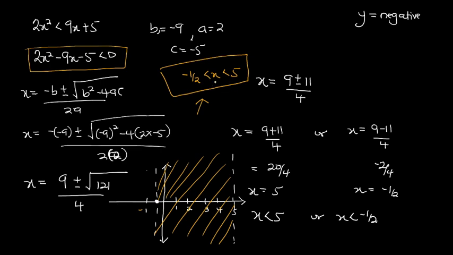All right, so let's have a look at one final example. Example number 4. So we have 2x squared plus x minus 15 is less or equal to 0. Let's go ahead and factorize this, since the equation is already in the standard form for us.